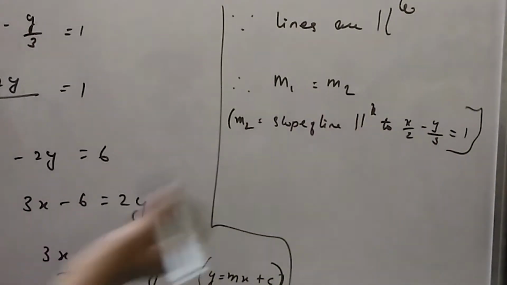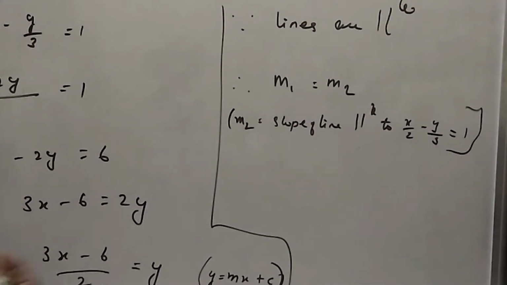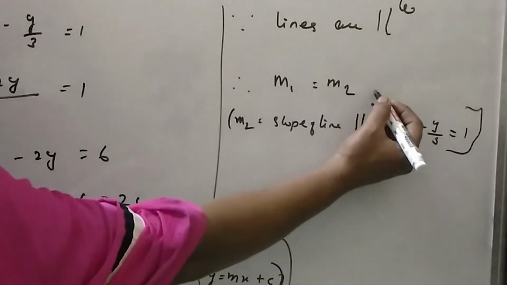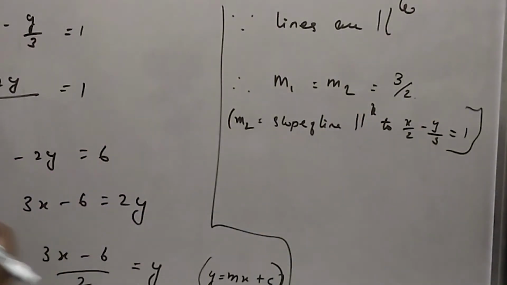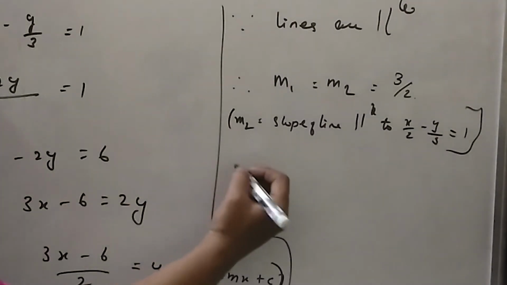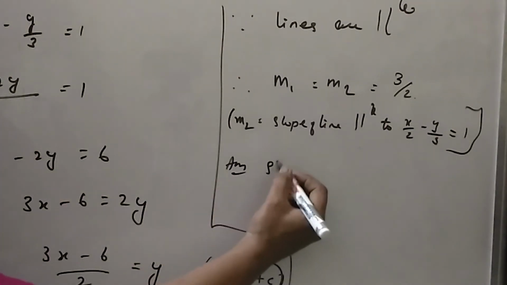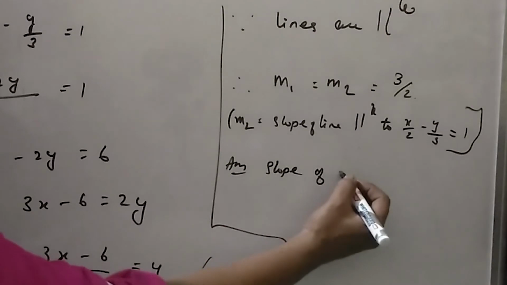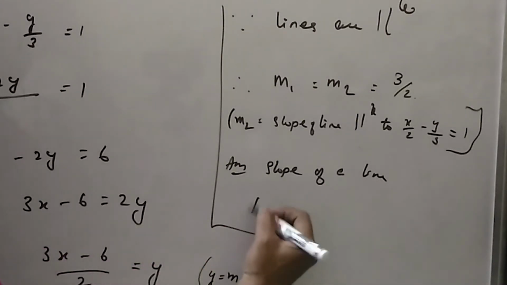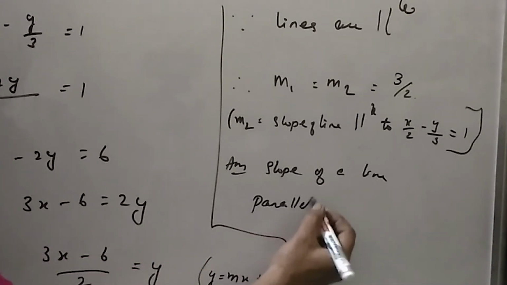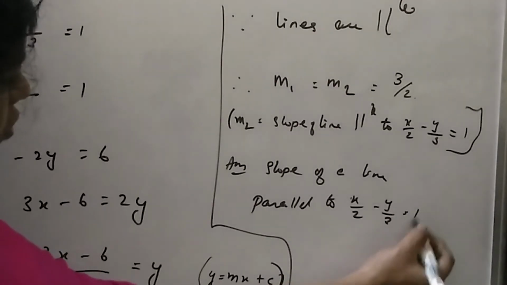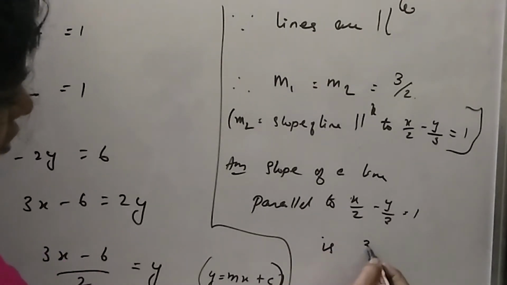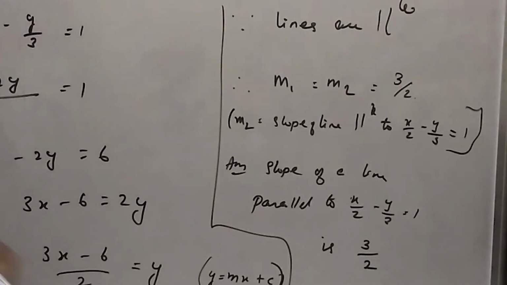Therefore m1 is equal to m2, that is equal to 3 upon 2. Write the answer now. Slope of a line parallel to x upon 2 minus y upon 3 is equal to 1 is 3 upon 2.